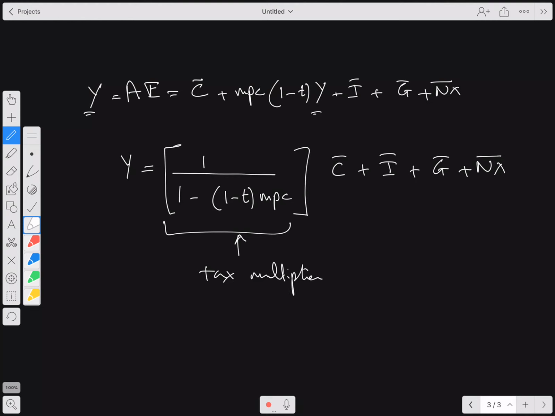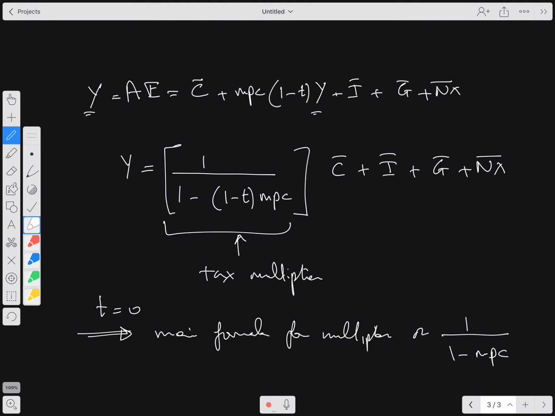Okay, and as you can imagine, if this t is equal to 0, then we go back to the main formula for the multiplier, which is 1 over 1 minus MPC that I had in the previous slide.